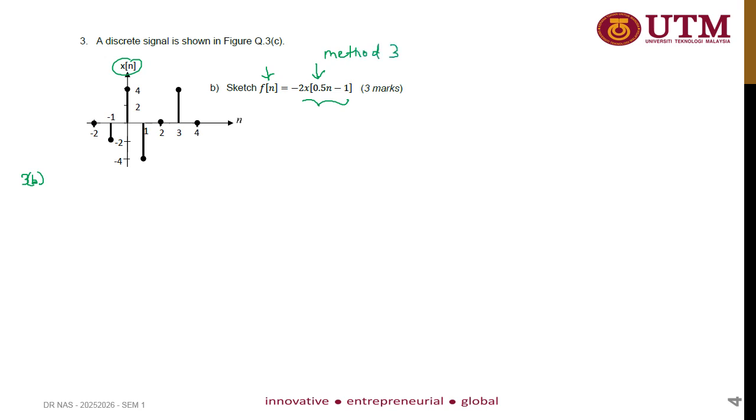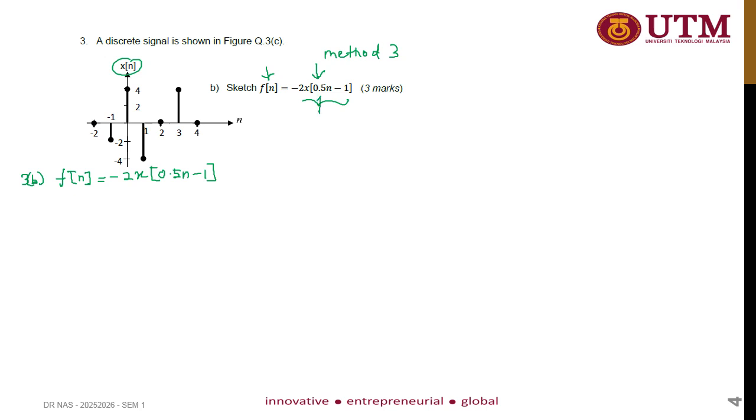Let's begin with the first step. You need to identify the component inside the bracket and then represent that as tau. So f[n] equal to negative 2 x[0.5 n minus 1]. Let's look at what happened to the signal.